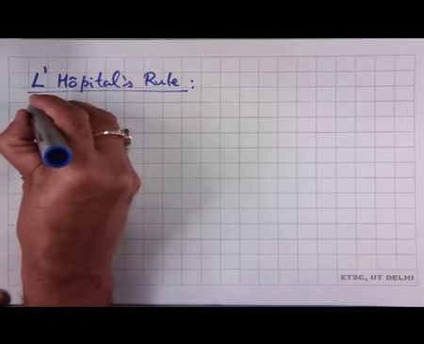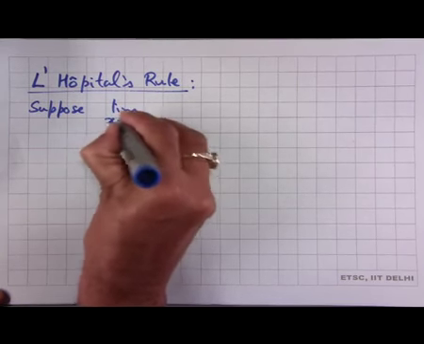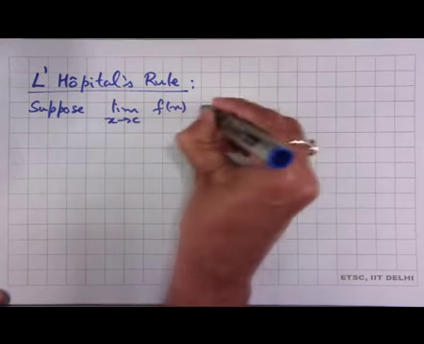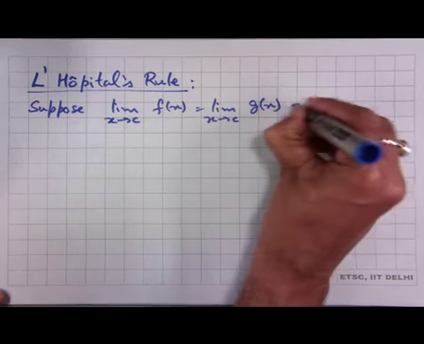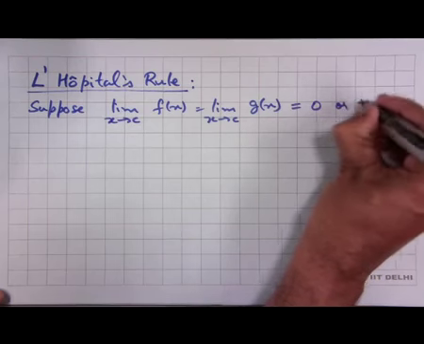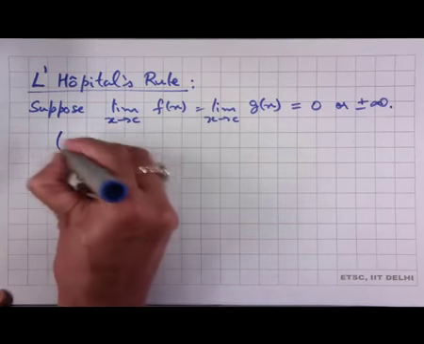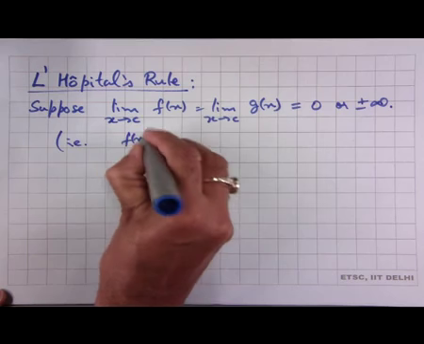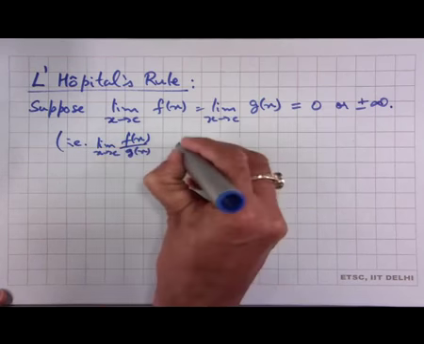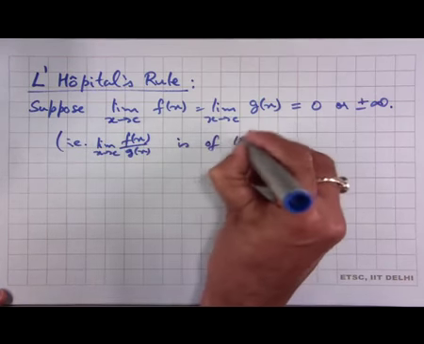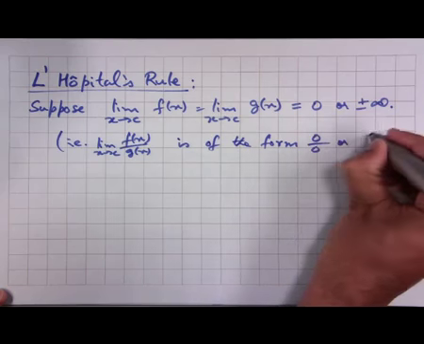Suppose limit of x going to c f x is equal to limit x going to c g x, which is equal to 0 or plus or minus infinity, that is, f x by g x limit x going to c is of the form 0 by 0 or infinity by infinity.